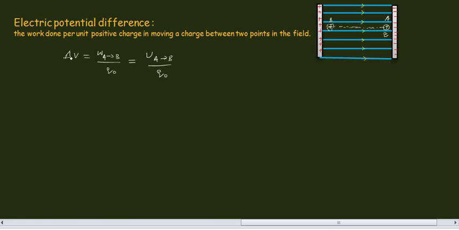And this delta sign represents the difference, so we can say that the difference in potential between point B and point A equals the electric potential energy from point A to point B per unit charge, which is equal to the potential energy at point B minus the potential energy at point A. The other name of electric potential difference is voltage.